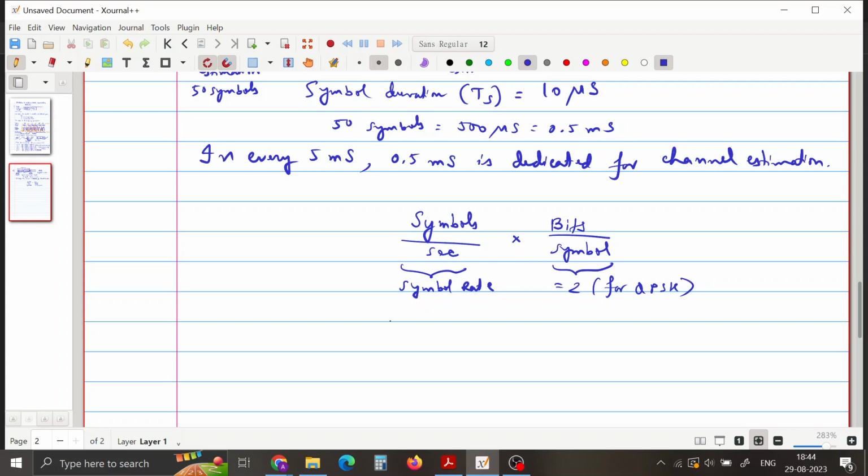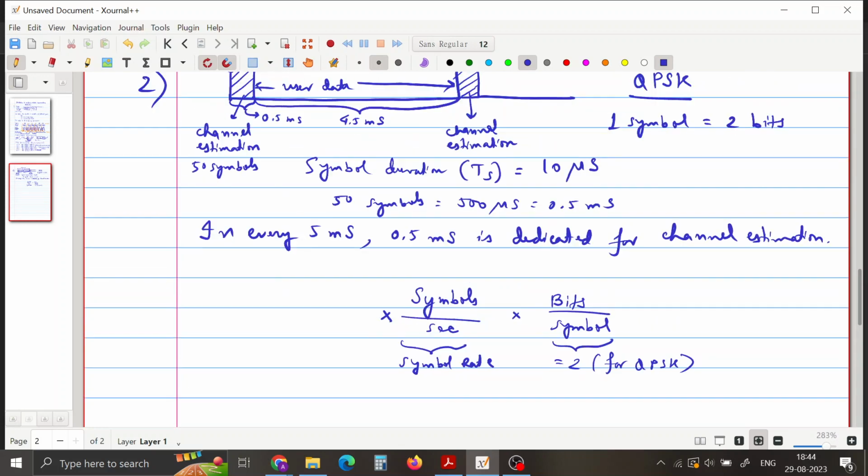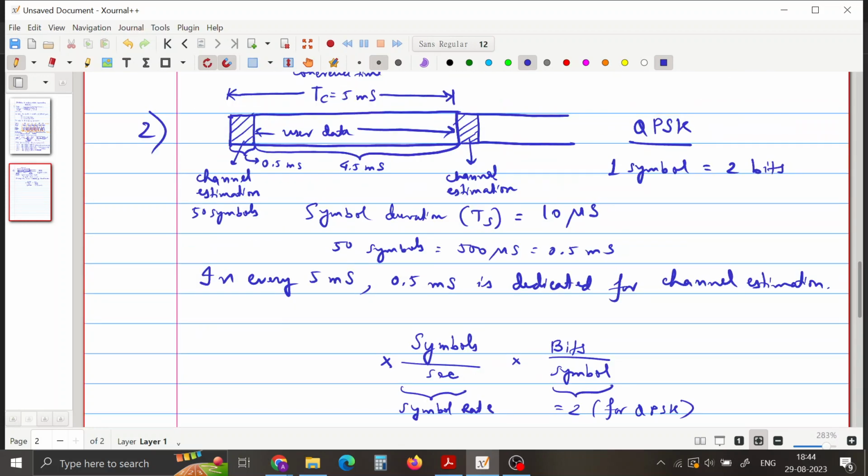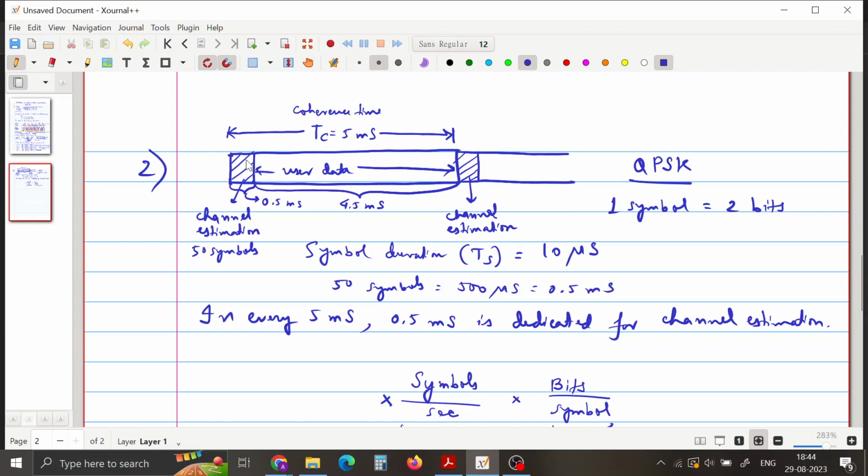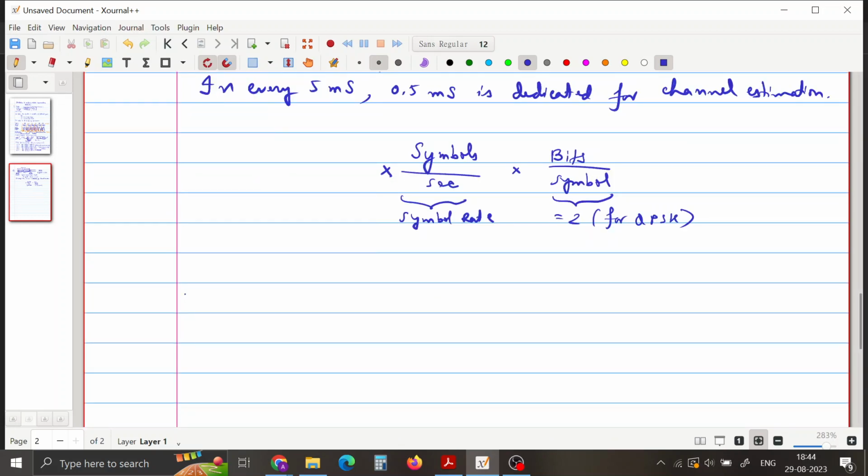But now that's not the end. Effective data rate would actually be derived from this diagram. I don't have my entire coherence time, right? I don't have my entire 5 milliseconds for transmission. 0.5 milliseconds is already reserved. So I have to utilize the remaining 4.5 milliseconds for data transmission. So you have to multiply with that factor of transmission.